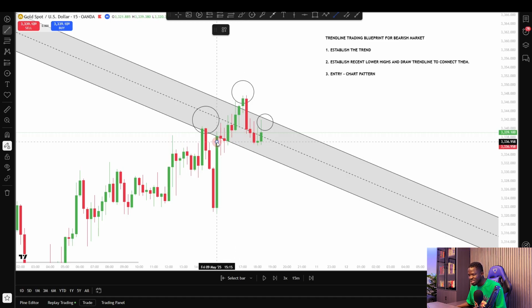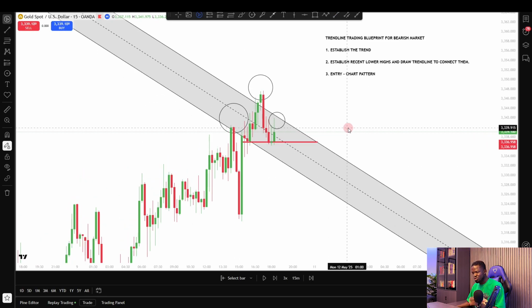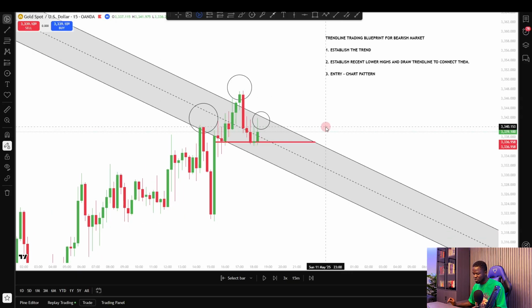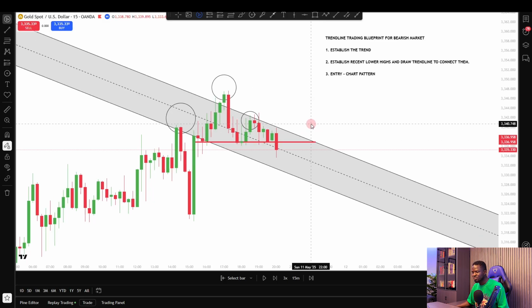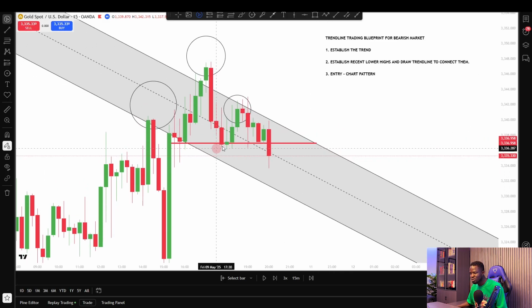So this place is the neckline of the head and shoulders. We need a strong bearish candlestick to close below the neckline to give us a final confirmation that sellers are now fully ready to take charge of the market to the downside. So let's see the next formation of the bearish candlestick that will close below the neckline.